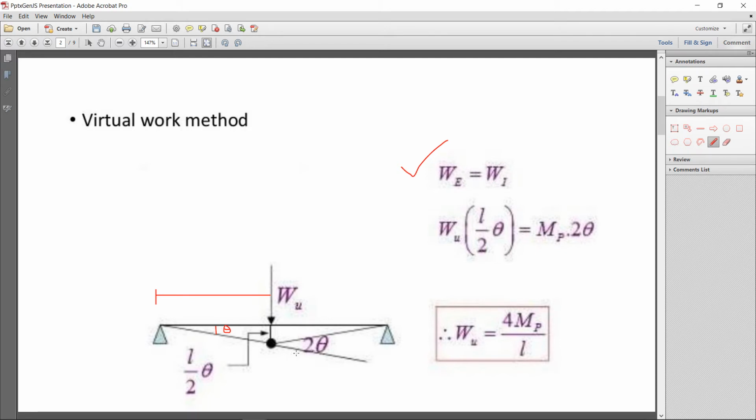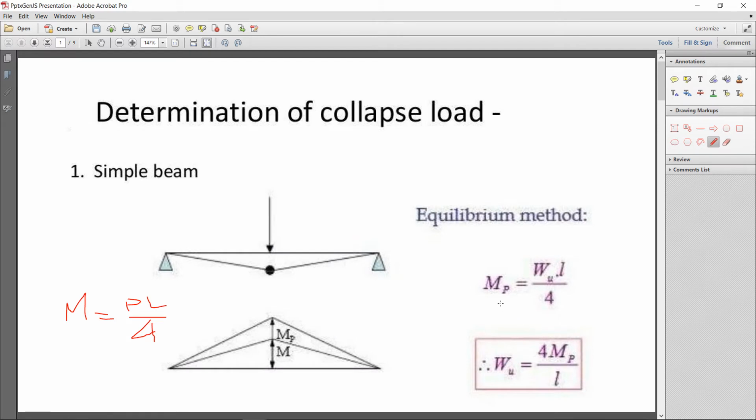So the internal work done when the plastic moment forms is Mp into 2 theta. Just simplify this equation, take all the parameters to the other side, theta will cancel out with theta, and again the same equation is formed, that is 4 Mp over L. That is the same equation we got from the equilibrium method.